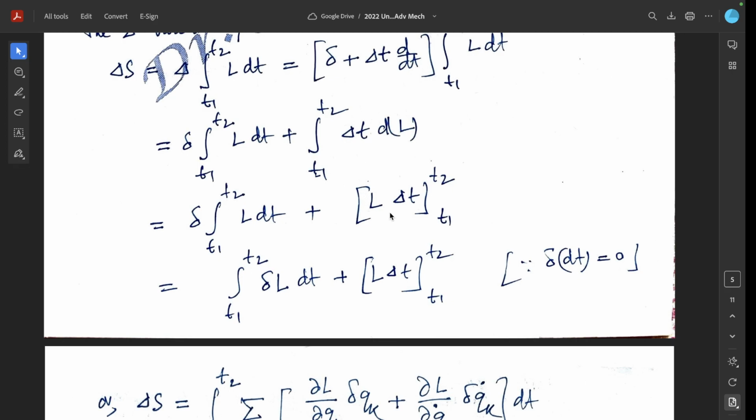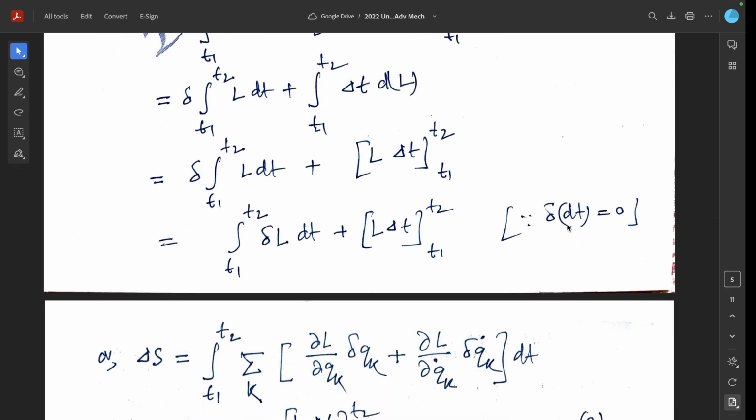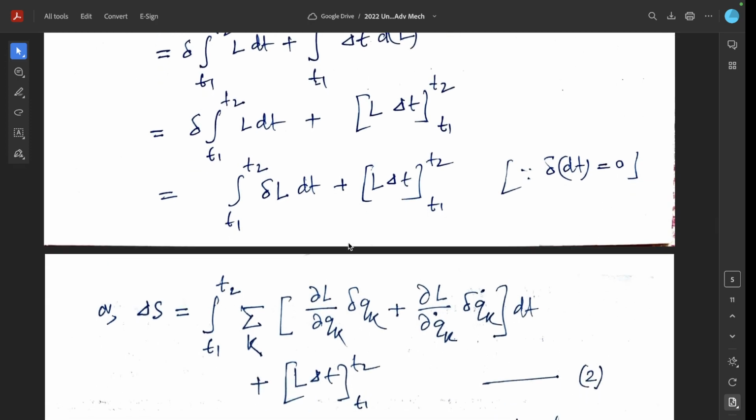So this is equal to L Δt from t1 to t2, because Δ(dt) = 0.